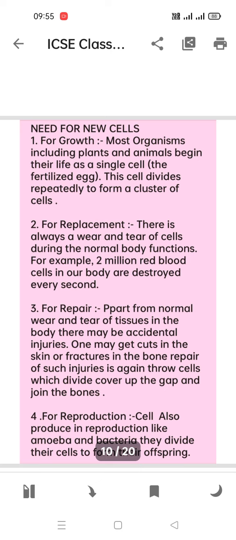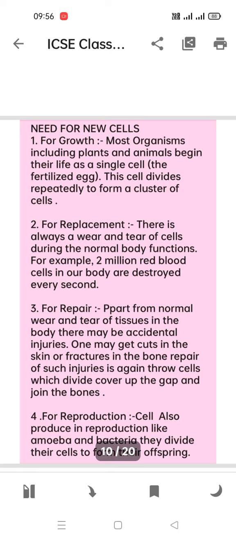Since our cells are enhancing in number, that's why we are growing. Tomorrow you will be a little bit bigger than yesterday. You can't see the difference, not in a minute way.